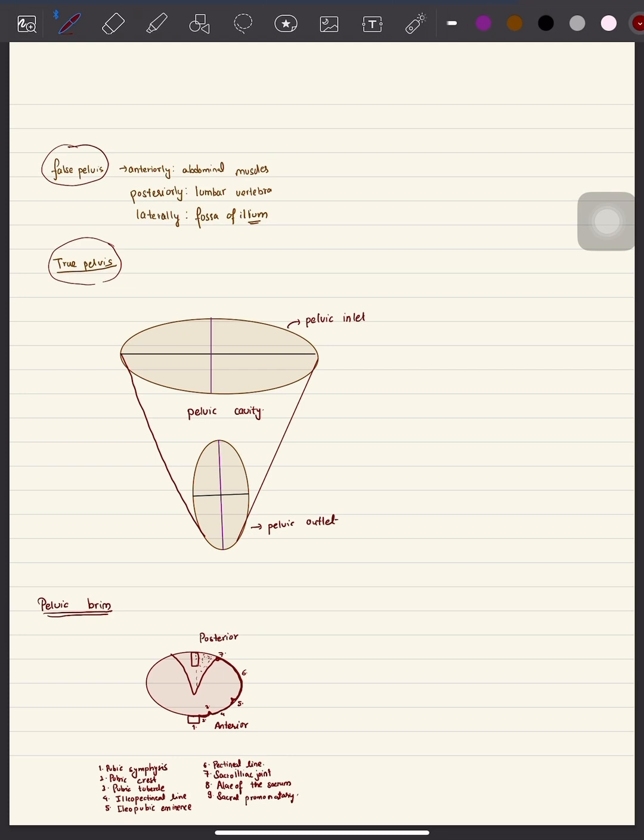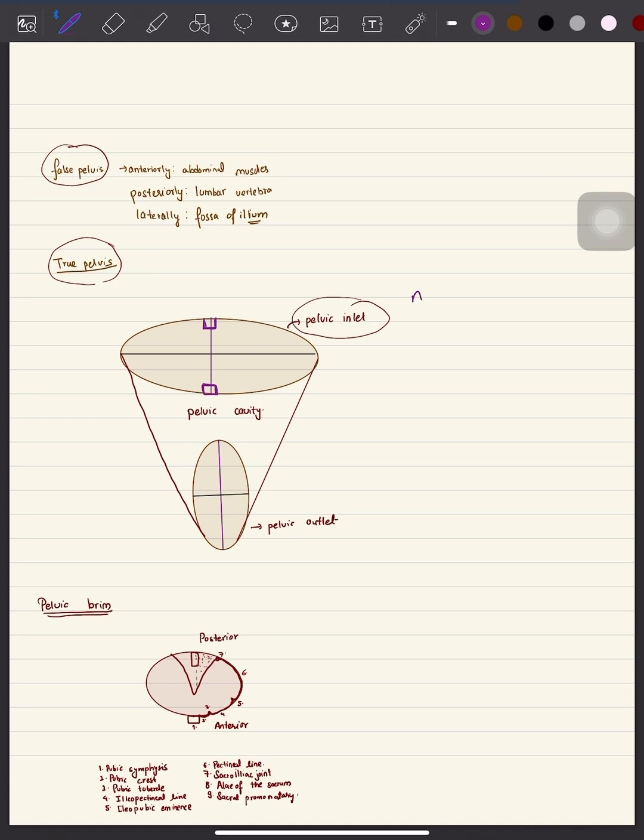Now let's talk about the diameters of the pelvic inlet. This is important. In the pelvic inlet, anteriorly there is the pubic symphysis and posteriorly there is the sacral promontory.